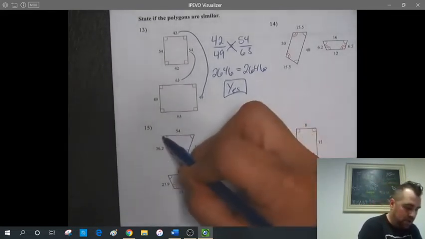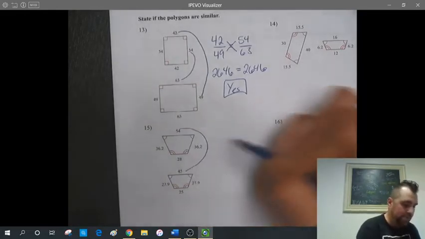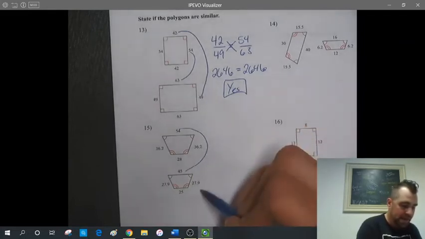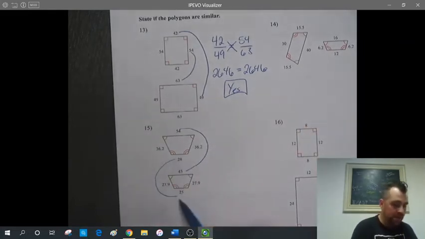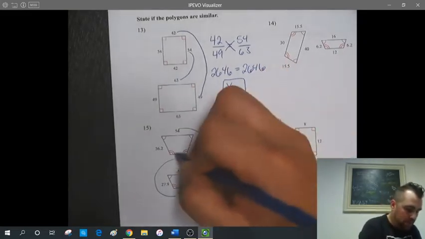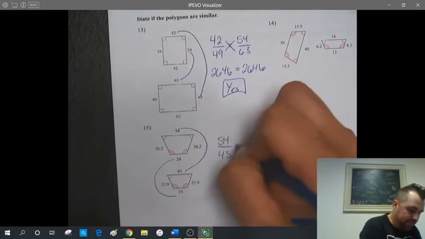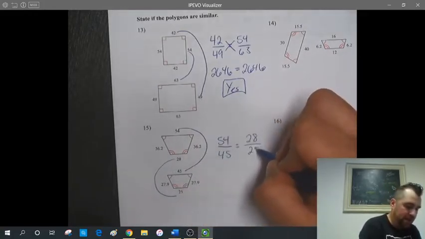So the longest side in this trapezoid here is going to compare to the longest side in that trapezoid there. And then I can compare the sides, or if I want to use the whole numbers here, I can compare the 28 to the 25. So 54 compares to 45 as 28 does to 25.